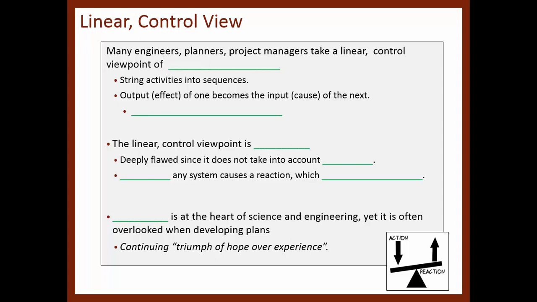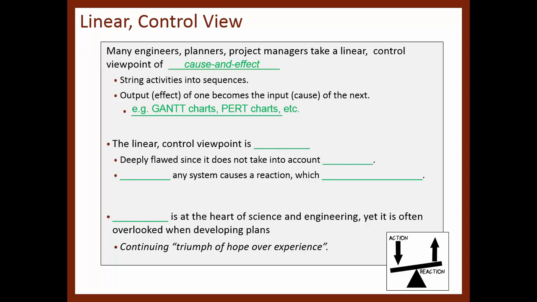Many engineers, planners, project managers take a linear control viewpoint of cause and effect. So everything is linked through the beginning or the origin. String activities into sequences. The output or the effect of one becomes the input or the cause of the next event.